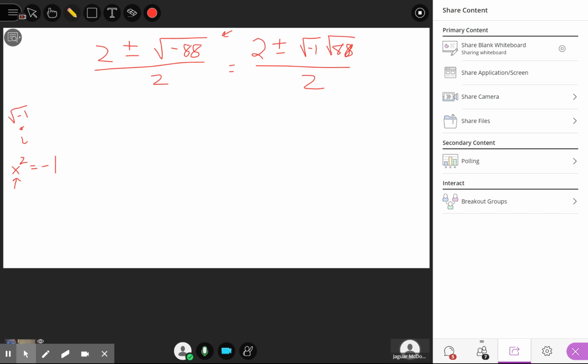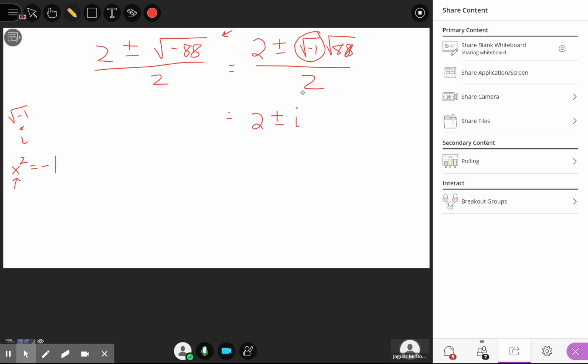So what squared would equal negative 1? We are going to define i as that thing that when you square it, you get negative 1. So we replace the square root of negative 1 with an i. So we have 2 plus or minus i times the square root of 88.